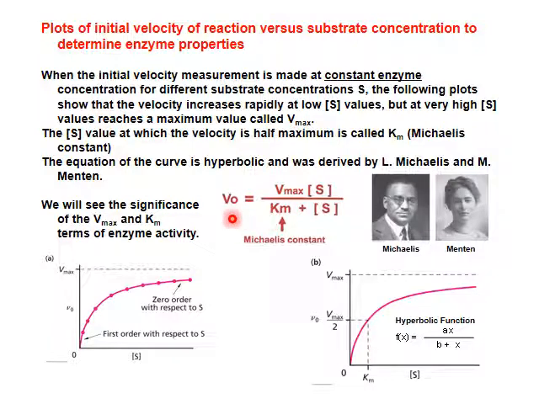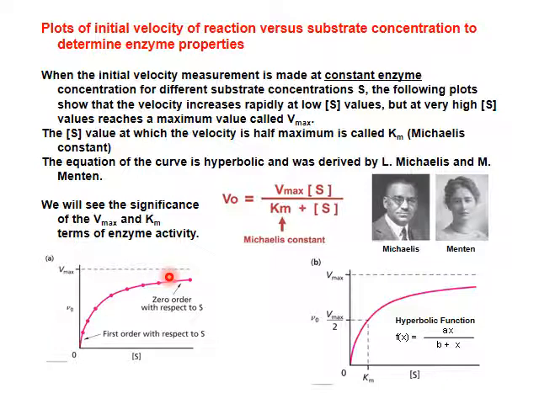So the Michaelis-Menten equation, you should know this. The initial velocity v sub 0 equals v sub max, we'll define these things later, times the concentration of S over Km, what's called the Michaelis constant, plus S, right?